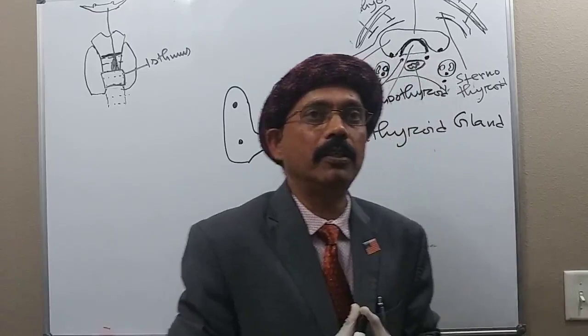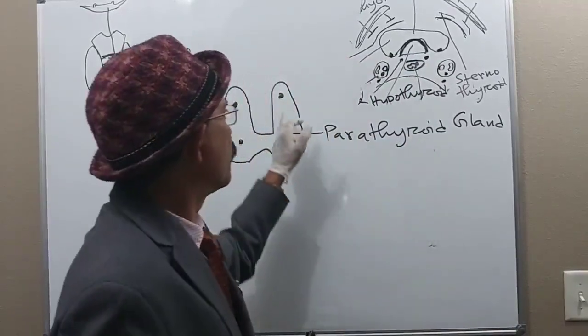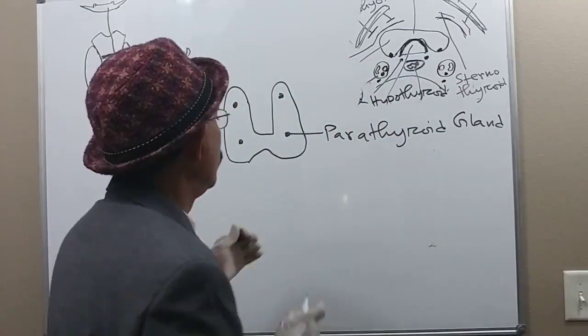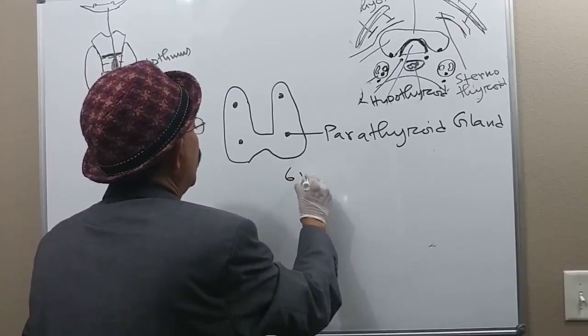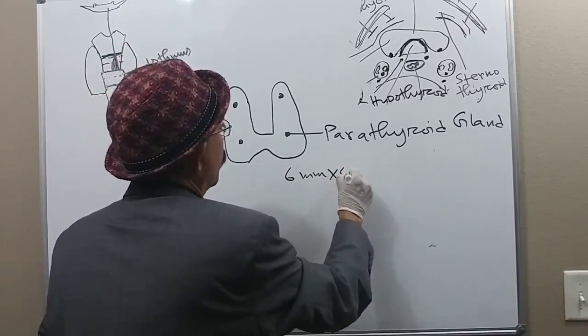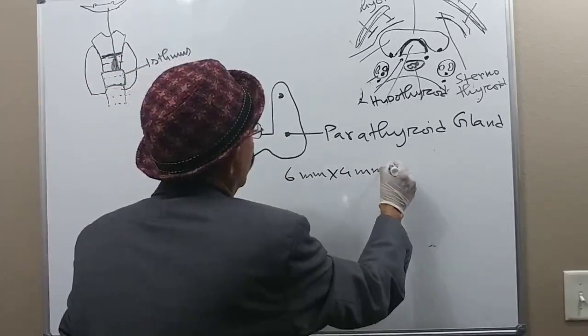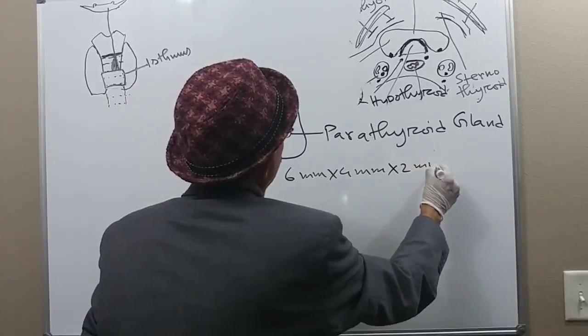There is that possibility. And these are small glands, around 6 millimeter, 4 millimeter, 2 millimeter.